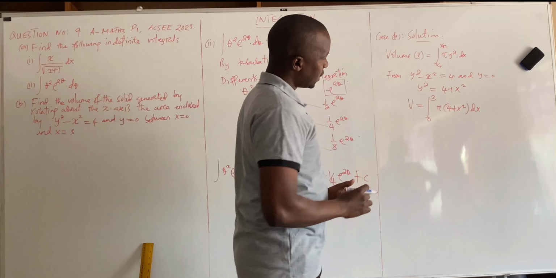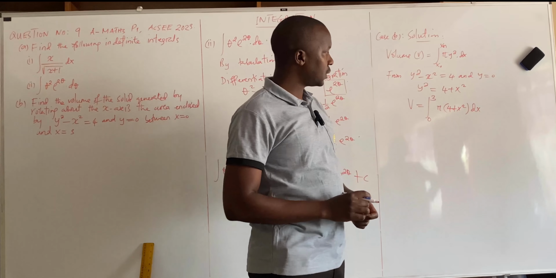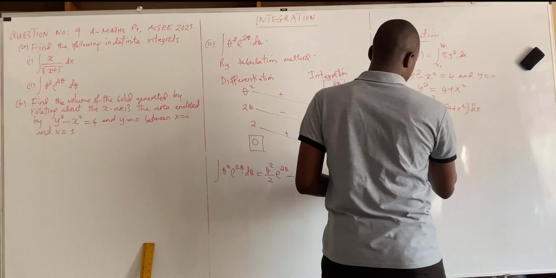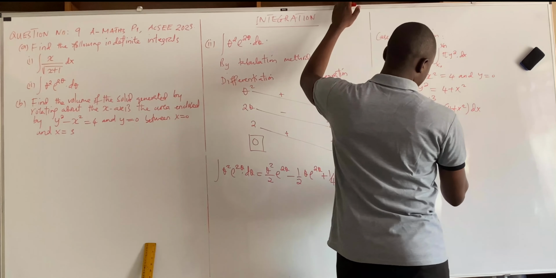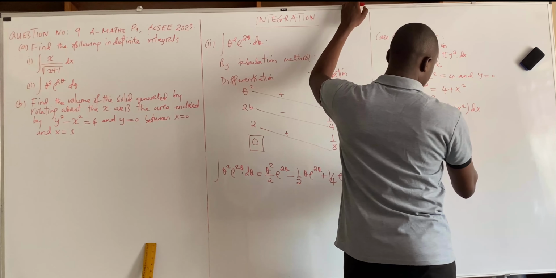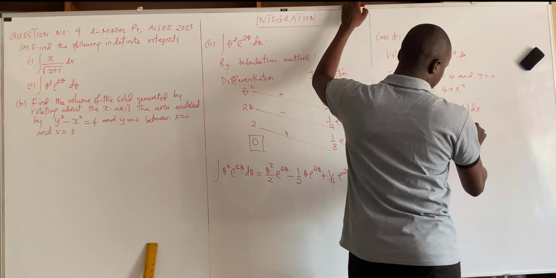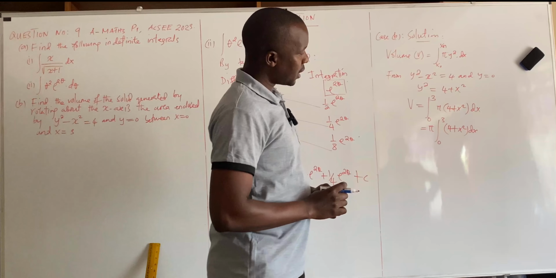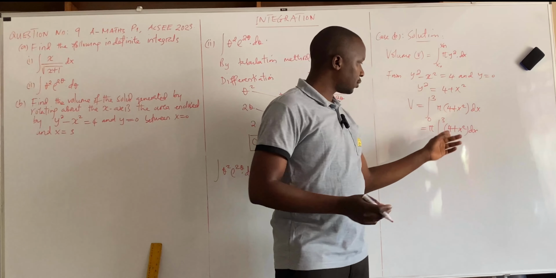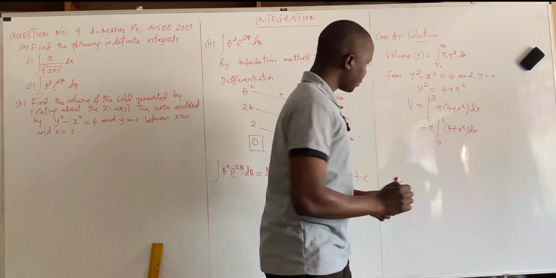So from there we can take out pi, it's constant. So it will be pi integral, here is 0, 3, then now we have 4 plus x square dx.